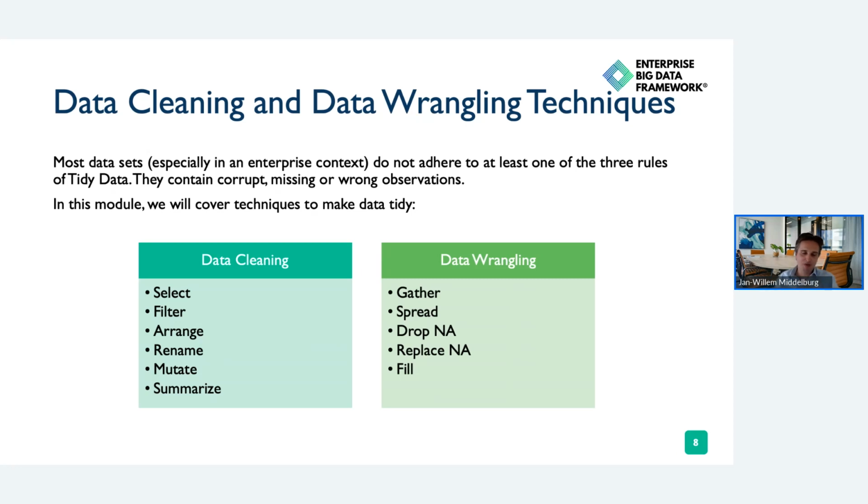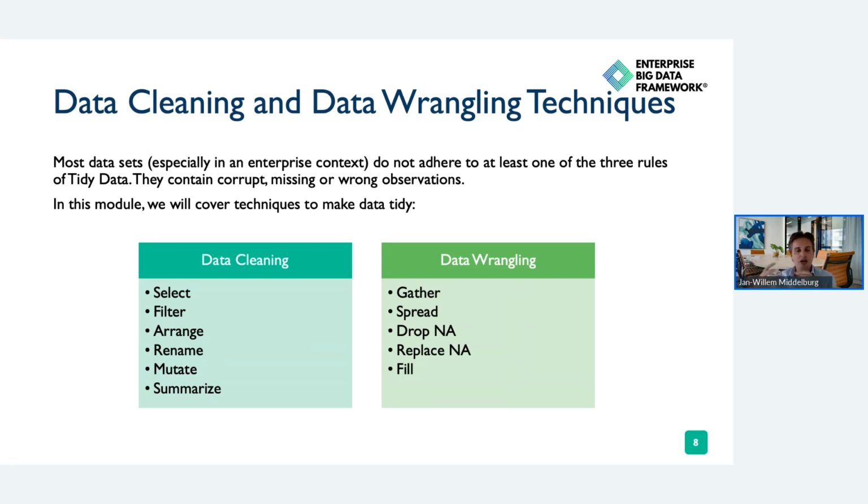Either they have corrupt or missing data, the data is spread out over different columns while it should be listed as observations, or the tables you receive have been put together and have different purposes, so you would need to separate them into different tables. That's the reality we need to face.